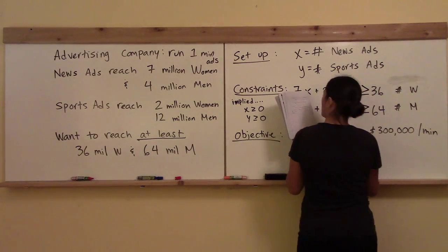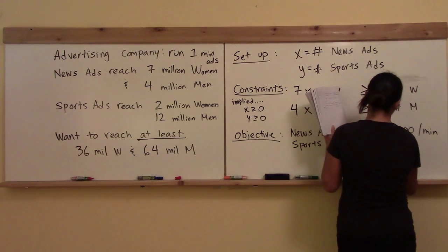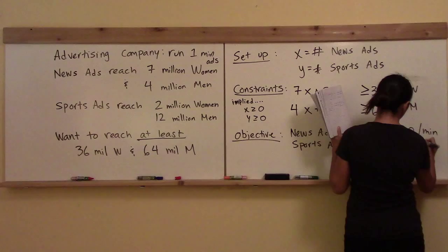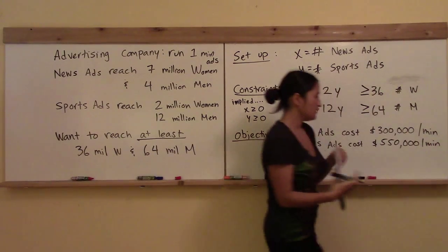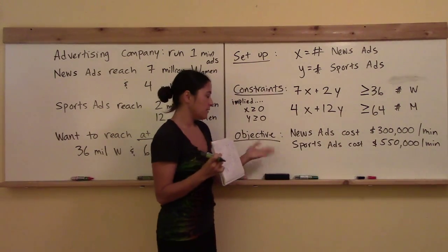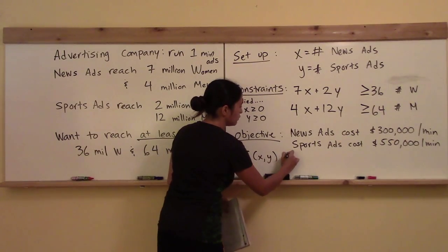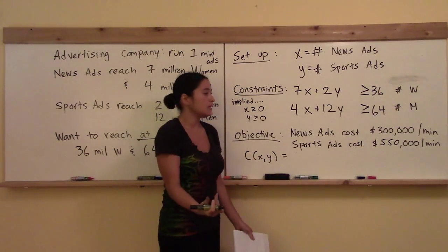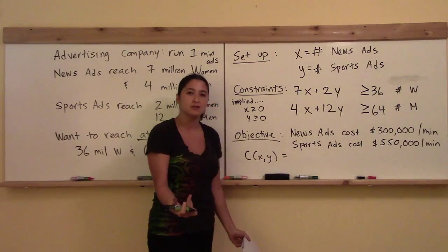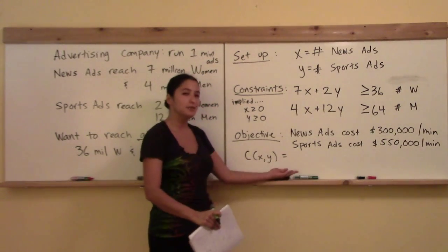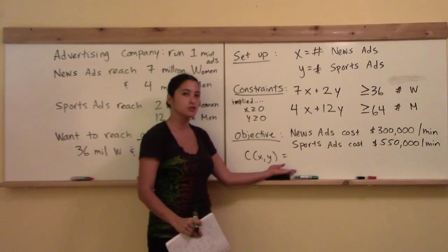Sports ads costing, let's say, $550,000 per minute. Okay? So now let's make up a function C of x and y, and we'll just keep the units as dollars. You could rewrite it in thousands of dollars or even hundreds of thousands of dollars or millions. But let's keep this just in the straight unit of dollars.